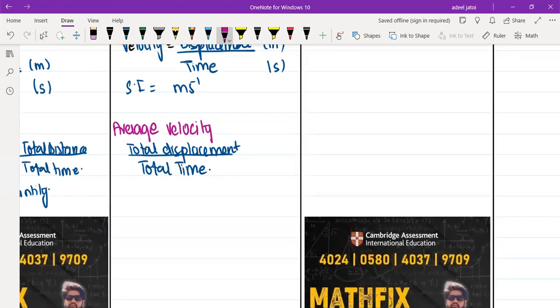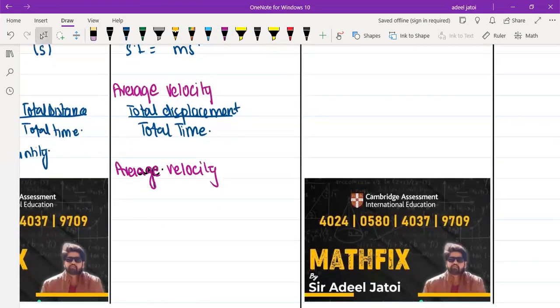Average velocity can also be written as V plus U upon 2, final plus initial divided by 2.